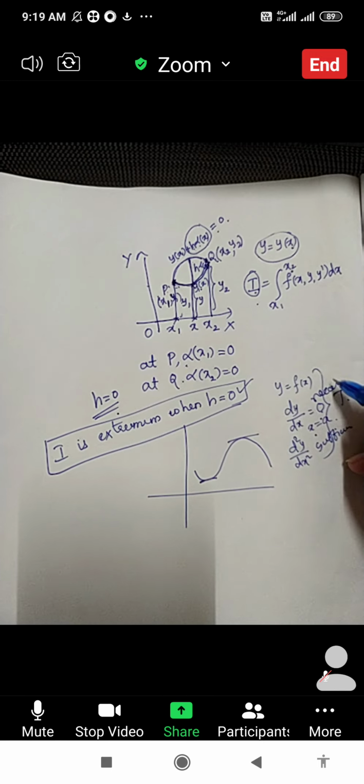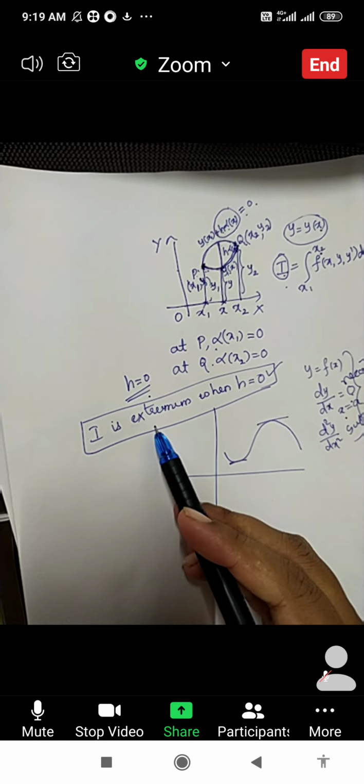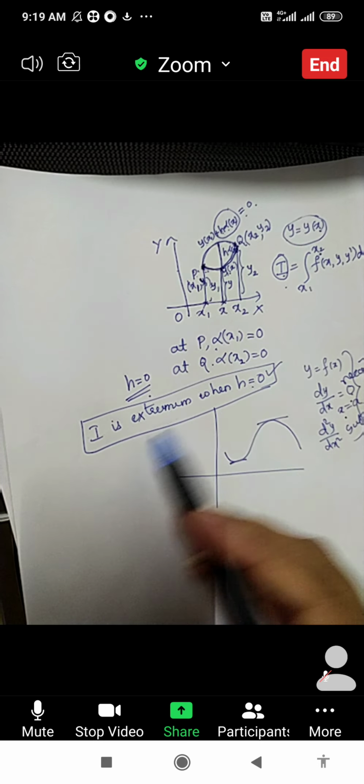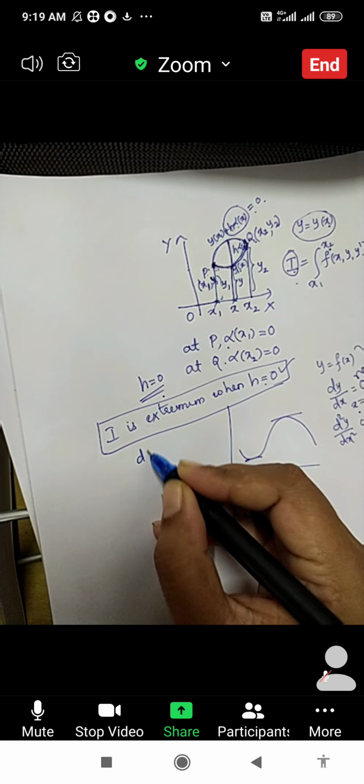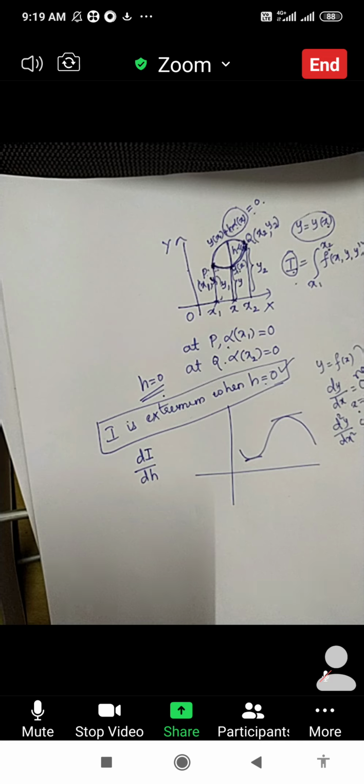Okay. So here we are having a function I. We are saying that it is maxima or minima with some condition. So what should happen if I take di by dh, suppose? What should be the value of this?